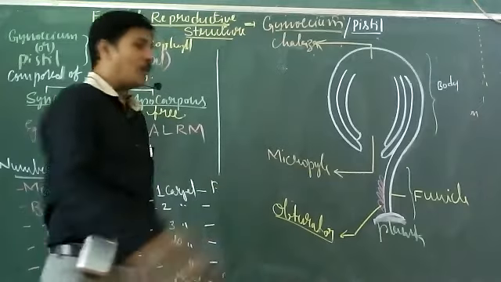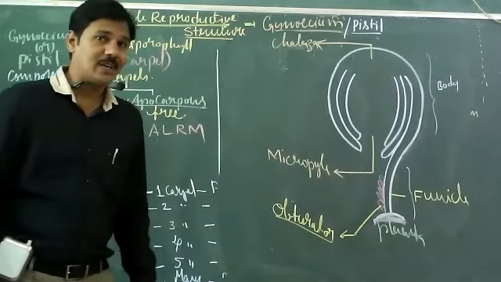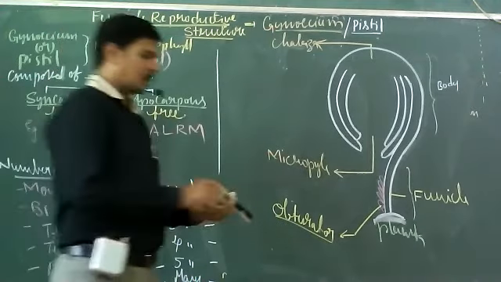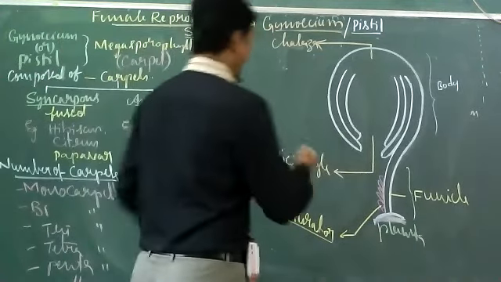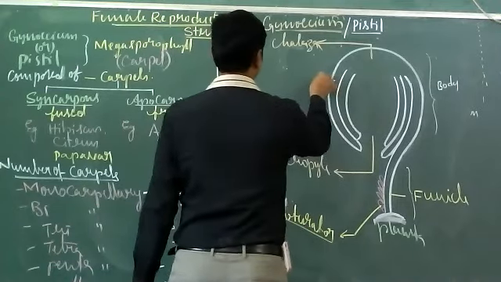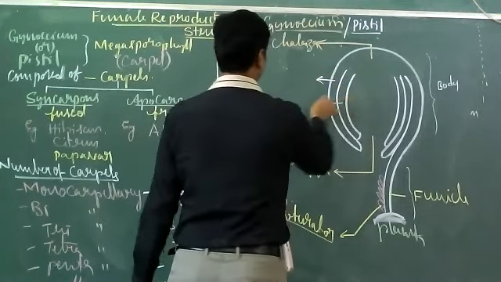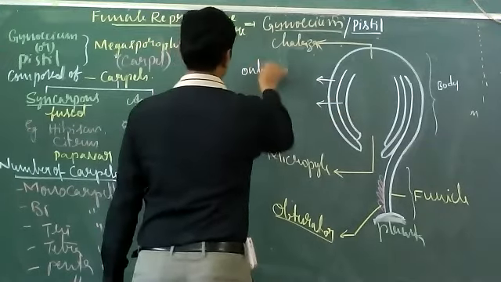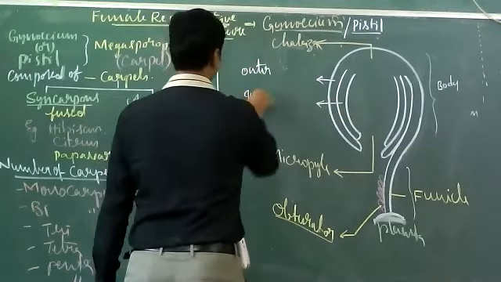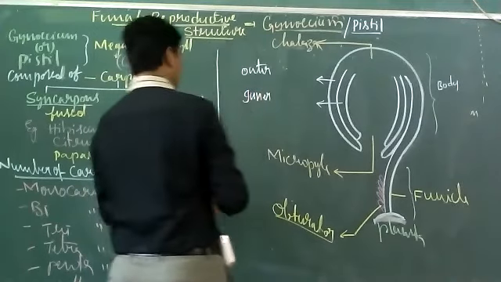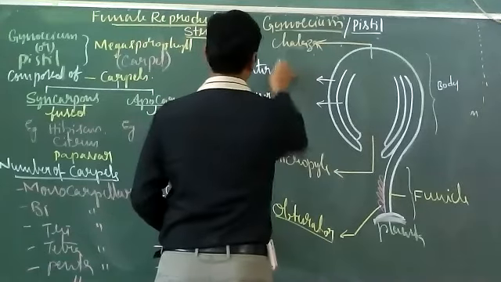So the entire ovule body is covered by two coverings, two integuments: outer covering, inner covering. Outer integument, inner integument.